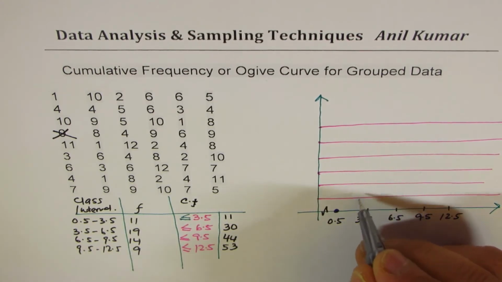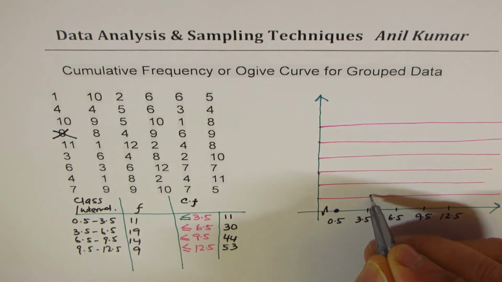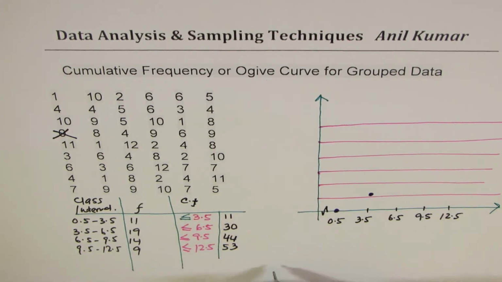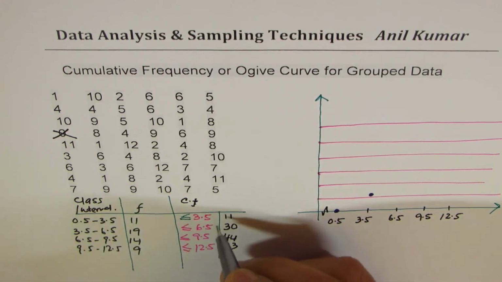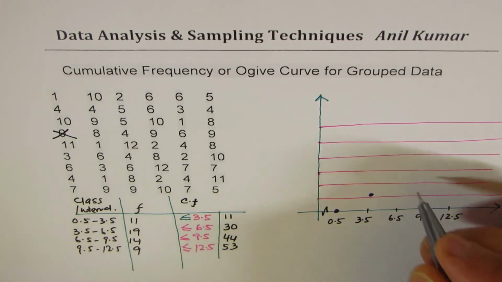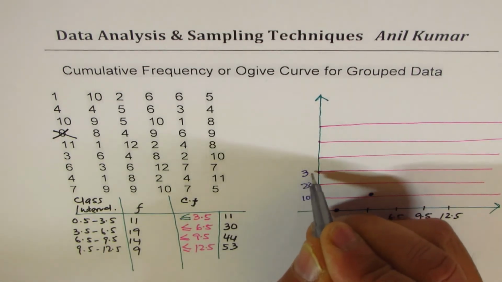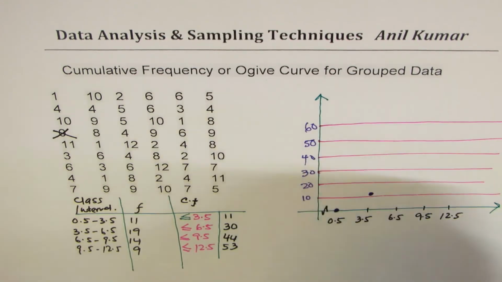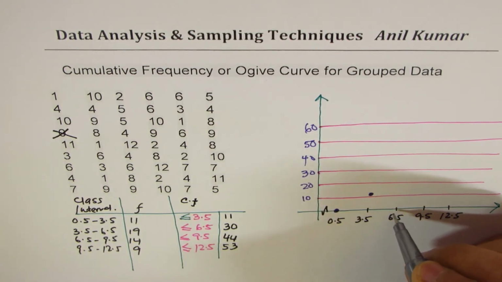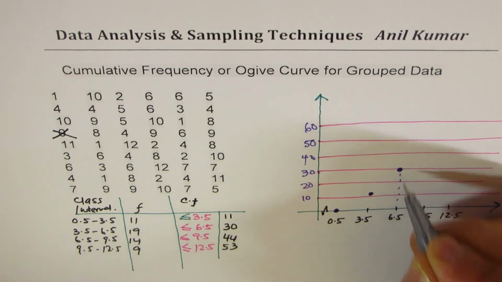So since this is 10 for us, we'll take a number which is slightly higher than this, right? And then at 6.5, cumulative frequency is 30. So this is 10, 20, 30, 40, 50, and 60. So at 6.5, it is 30, so we'll go up. That is the value.